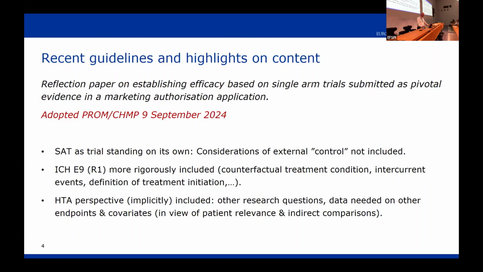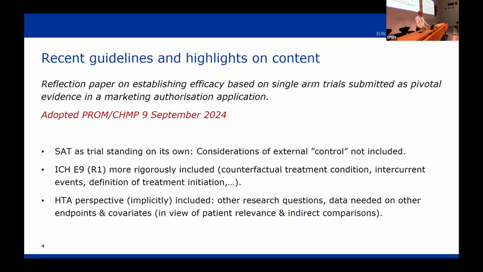One thing you will not read explicitly in the guideline, but what did happen, of course, there was quite a bit of discussion from an HTA perspective on the potential limited usefulness of single-arm trials. So we've actually had a discussion with representatives of the methodology subgroup of the coordination group to look at the guideline and what we could include to also look forward: the single-arm trial that we are now assessing for marketing authorization will necessarily also be used as evidence for the next decision in line, and reflecting some of that within the reflection paper was felt useful as well.